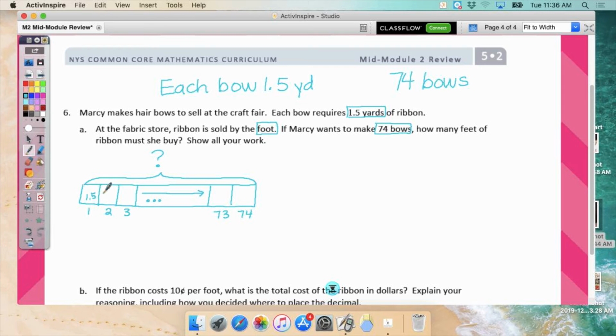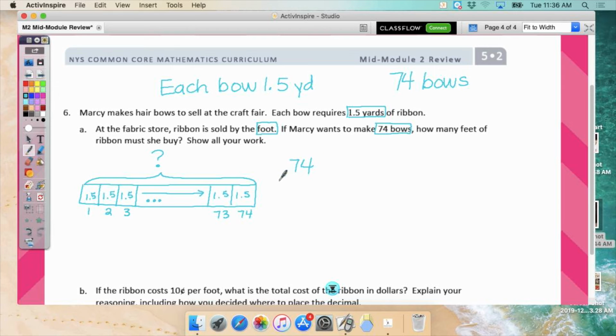So you don't have to write yards, just write 1.5. This is a pretty good visual for us, isn't it? So each tells me I'm going to do what? Multiply or divide. Is this number going to get larger? Yes. Okay. Because she's making 74 bows. So let's go ahead and multiply.